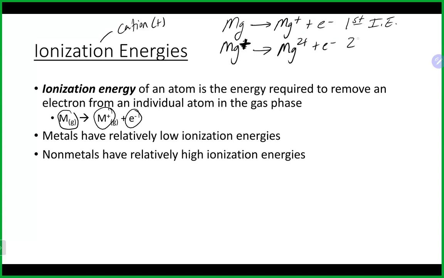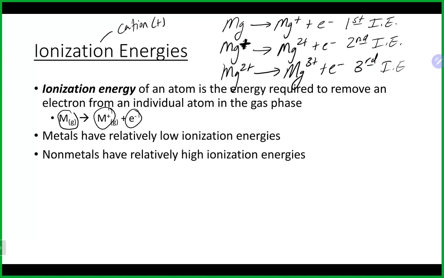And the energy required to do that is what's known as the second ionization energy. Then perhaps the guy with a +2 charge will give away one more electron, become a +3 charge. And that is what is known as the third ionization energy. So every time you drop an electron, there is the ionization energy associated with that. That's the first, second, third, however many electrons you want to give away.